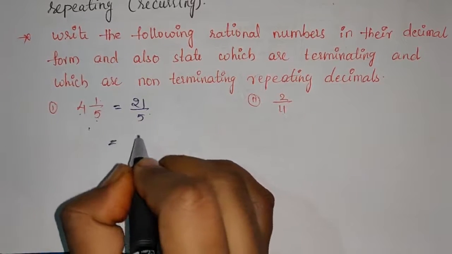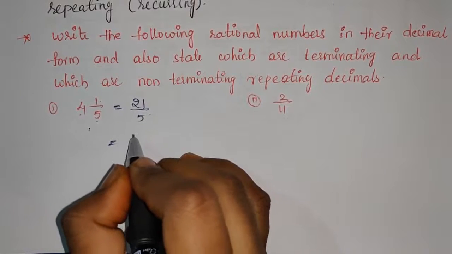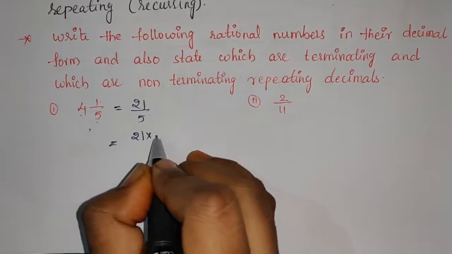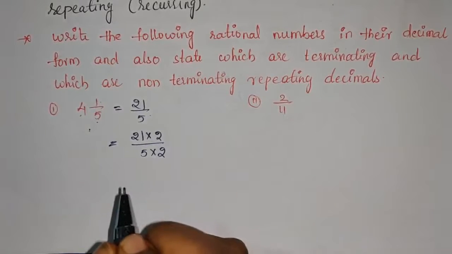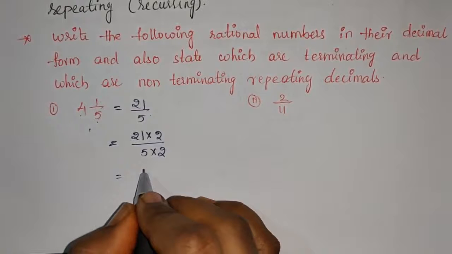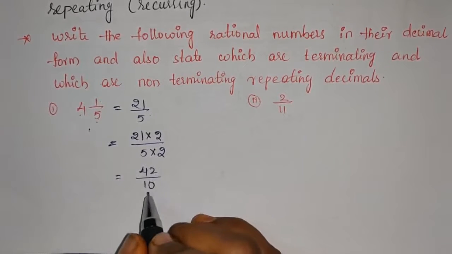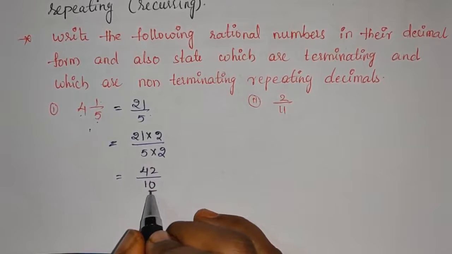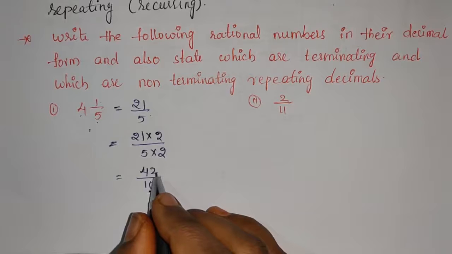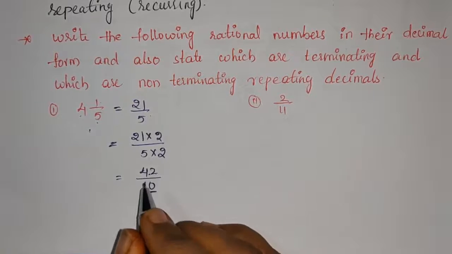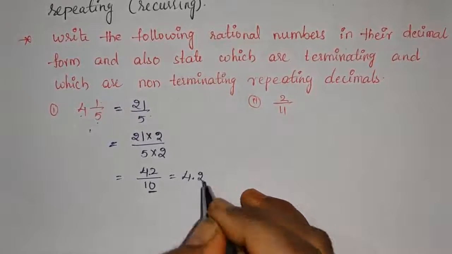So let us do that. 21 into 2 upon 5 into 2. Okay. So 21 into 2 is 42 upon 10. So here we have only 10 in the denominator, so we can take the decimal point before the one digit, so it is 4.2.